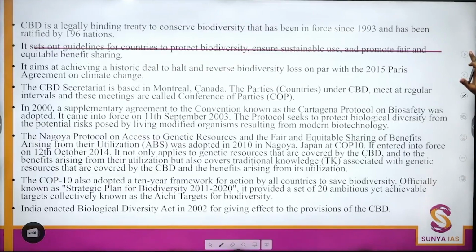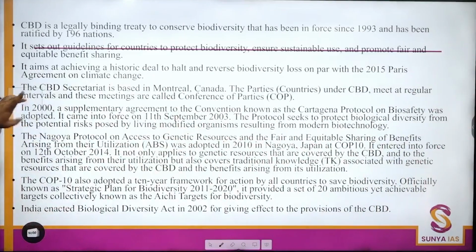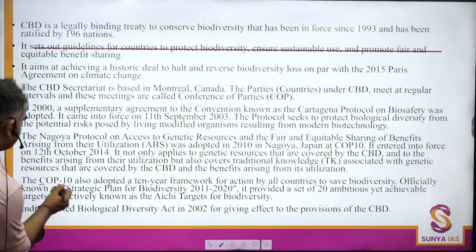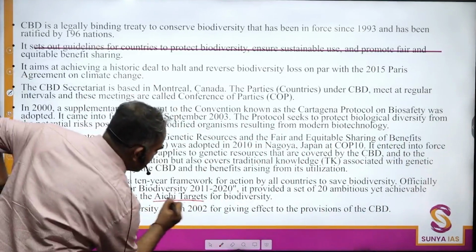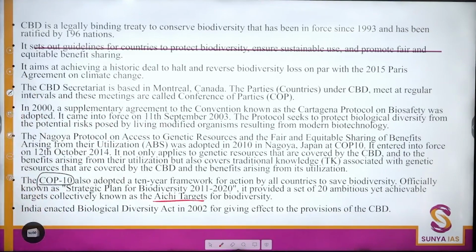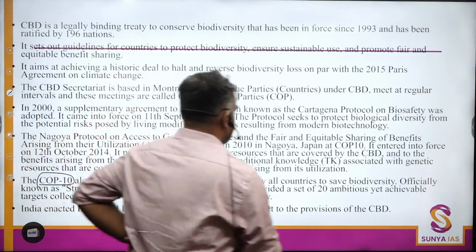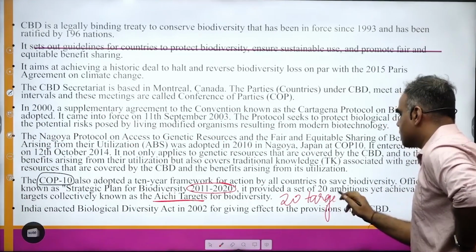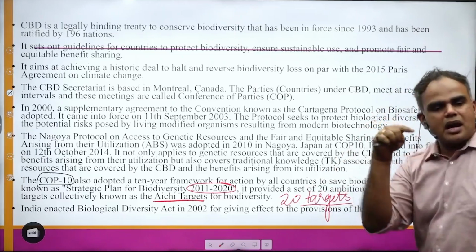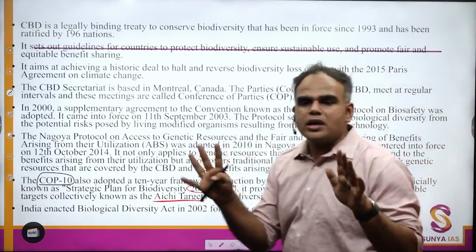Now here one or two things I'll just tell you. Actually, what happened in COP 10, you had something known as Aichi targets. This was from the year 2011 to 2020. There were 20 targets for 2020. Just know that Aichi targets were not achieved.